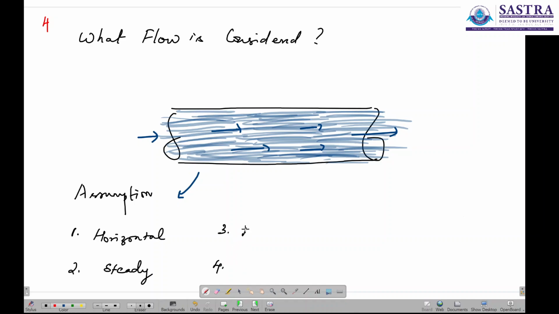We assume the fluid to be of constant density, and it is a Newtonian fluid. This Newtonian fluid enables you to describe how shear stress can be related to the shear rate or the velocity gradient. So primarily these are the four assumptions that I require to start with.